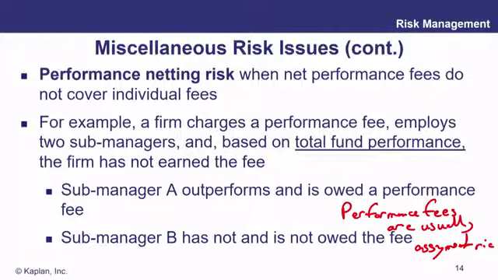Another particular kind of risk that's popped up a few times is what's called performance netting risk, performance-based fees. Maybe they don't offset each other the way intended. Best illustration is this example. We've got a firm, and they charge a performance fee.